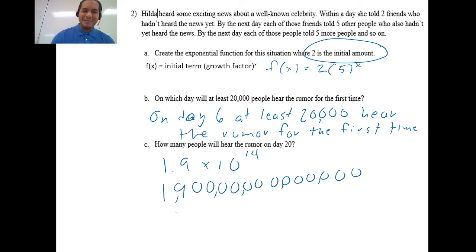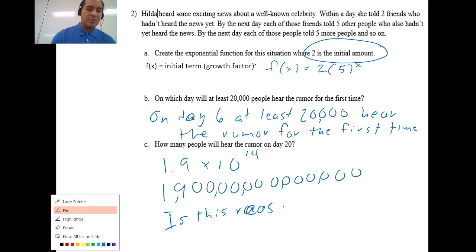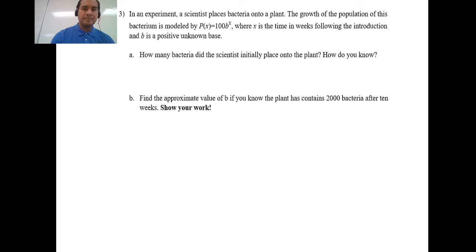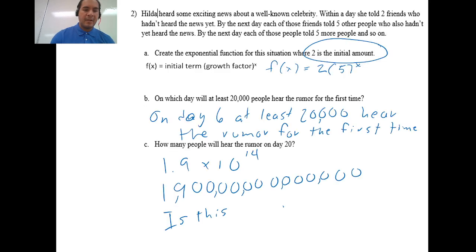Does this make sense? So I would ask you here, is this reasonable? And why or why not? Why do you think this is not reasonable? My question to you would be here, is this reasonable?